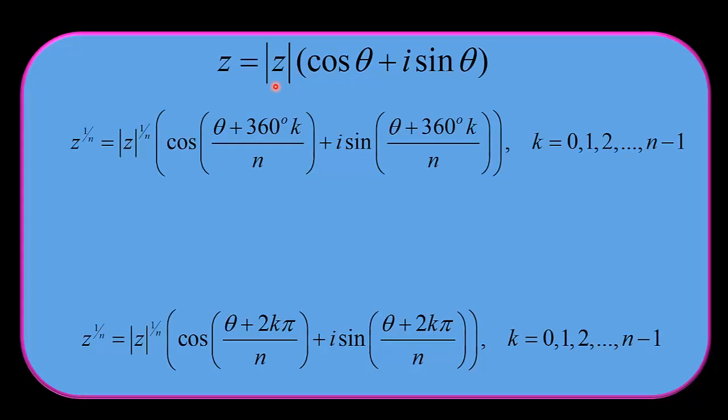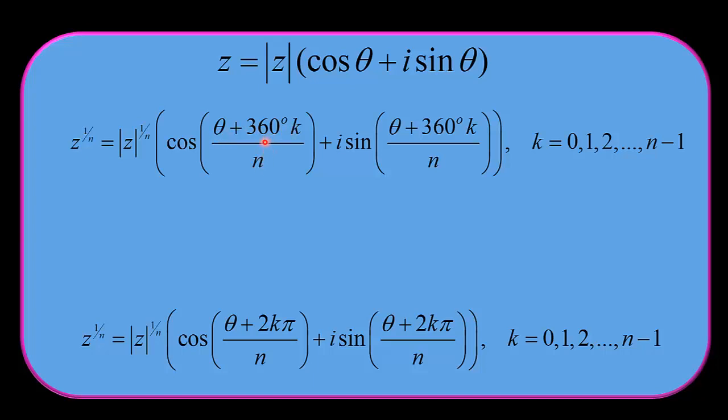In general, whenever we want to find the nth root of a complex number, we're going to use this formula. We're going to take the nth root of the modulus and then cosine of theta plus coterminal, 360k. In other words, theta and some coterminal angles to theta, and divide each one of those by n.